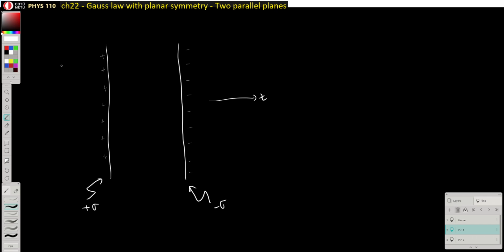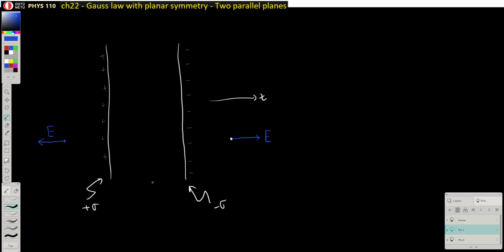The problem is that in the problems with planar symmetry, somehow we knew that if I have a point in here and I have an electric field in here, there's a corresponding point in here where the electric field is equal and opposite on the other side.